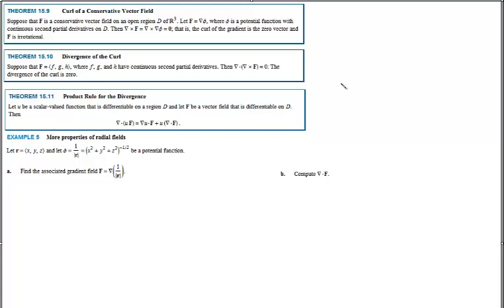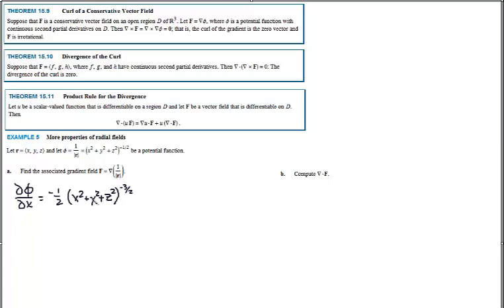If you'll notice, this section, and this whole chapter, has been about defining things and then doing their computations for each. In order to find the gradient field for F, we are first going to have to find the partials of each one of these with respect to X and Y and Z, just going all the way through here. So the partial of this with respect to X, leaving everything the same, I'm going to have -1/2 times x squared plus y squared plus z squared, all to the minus 3/2 power.